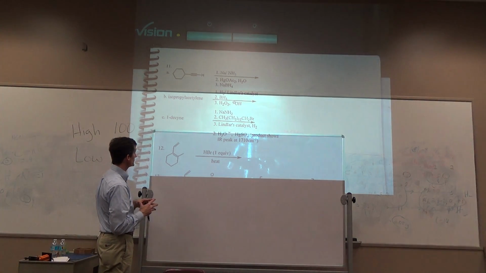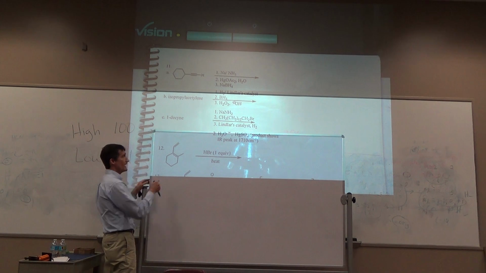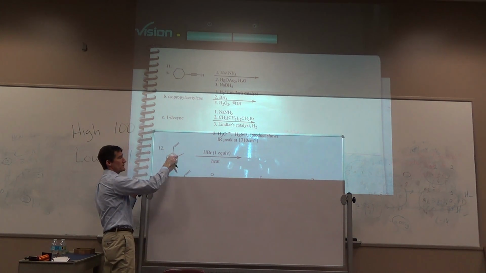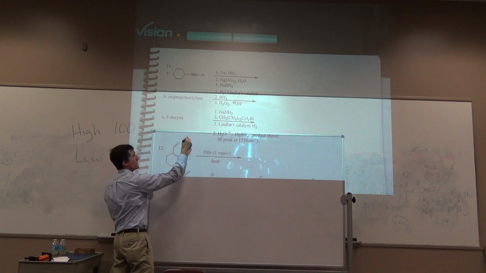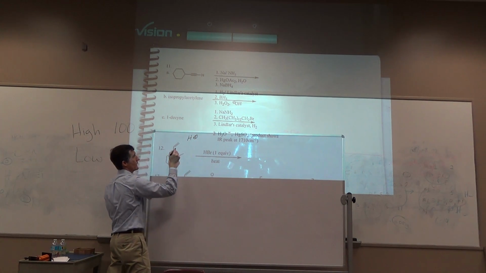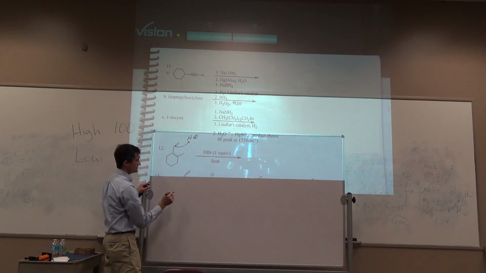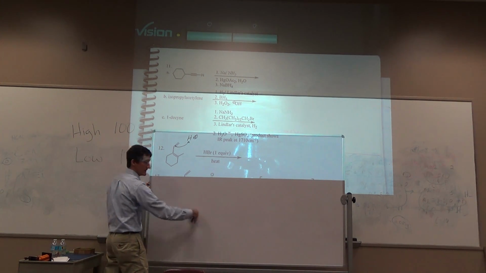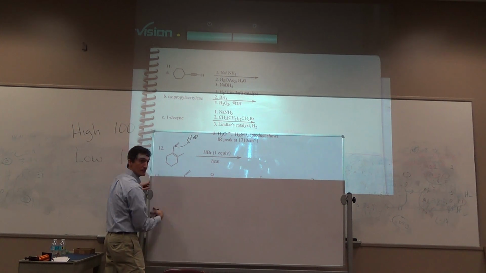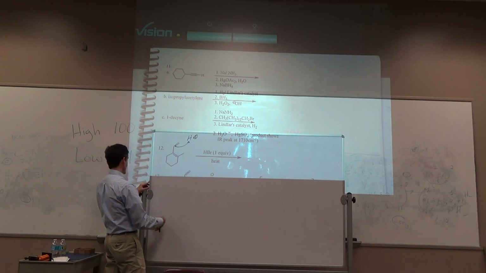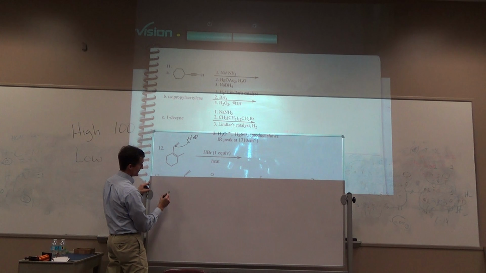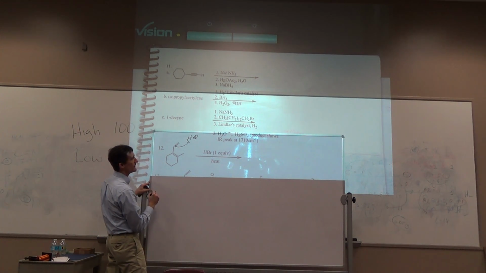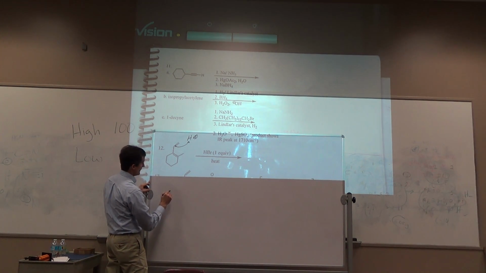We have to figure out where we're going to make the cation. It's either going to be in the middle because it's going to be resonance stabilized. What if we make it here? H plus is alkene chemistry. Attack here.